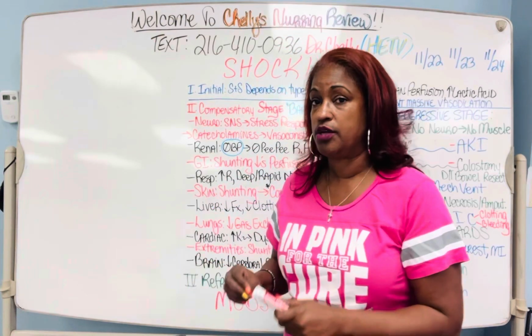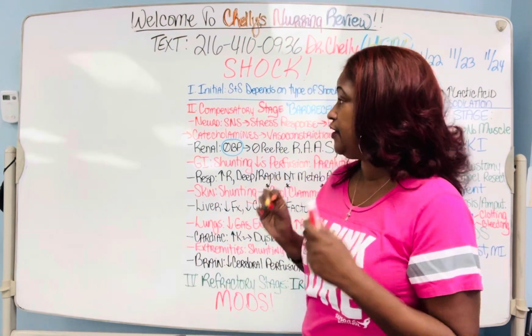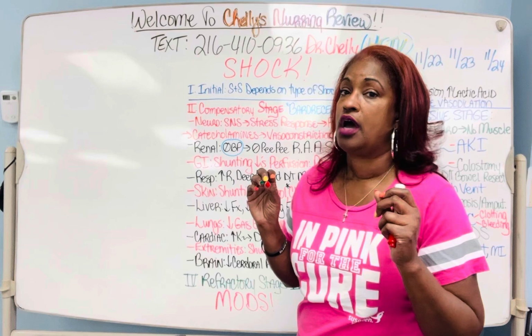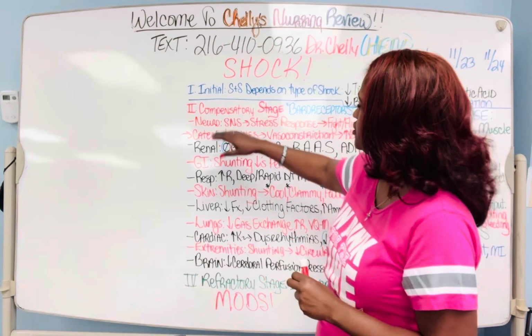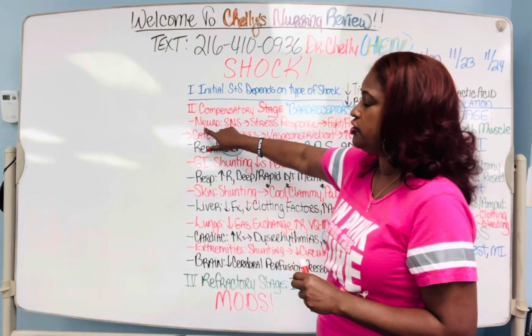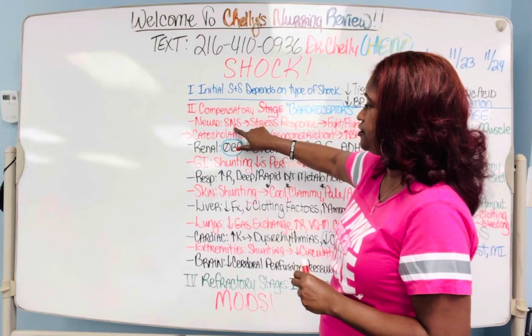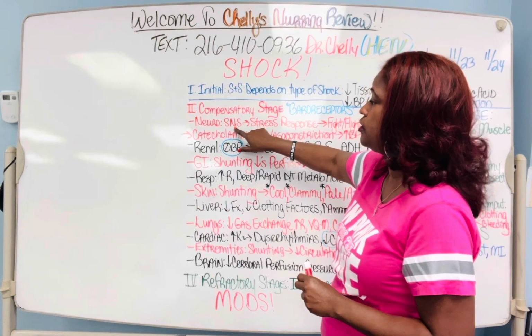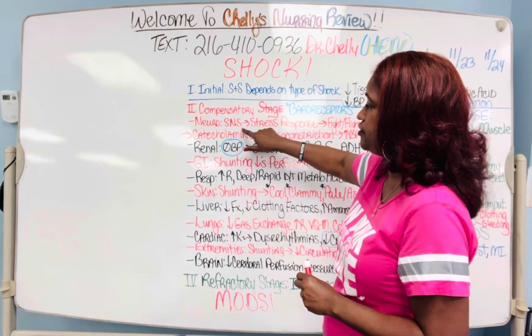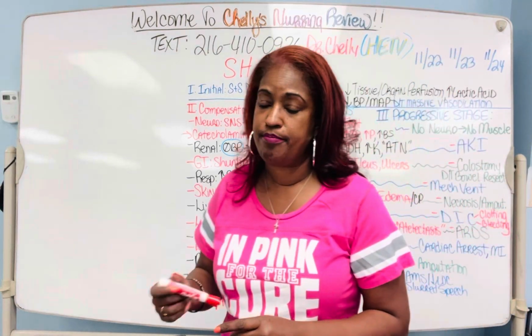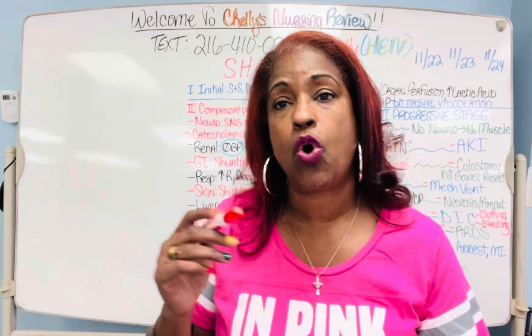Here's how your body responds to shock in the compensatory stage. In the compensatory stage, the neural system kicks in, the sympathetic nervous system. And remember, this is your fight or flight. So you are definitely stressed.